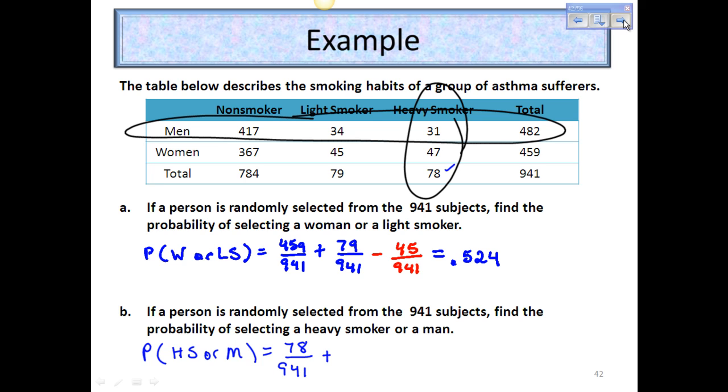Add the probability that you select a man, so there's a total of 482 over 941. Subtract where they occur together, and that's 31 over 941. Those are the men that are also heavy smokers. And again, round that to a decimal with 3 decimal places to get an answer of 0.562.